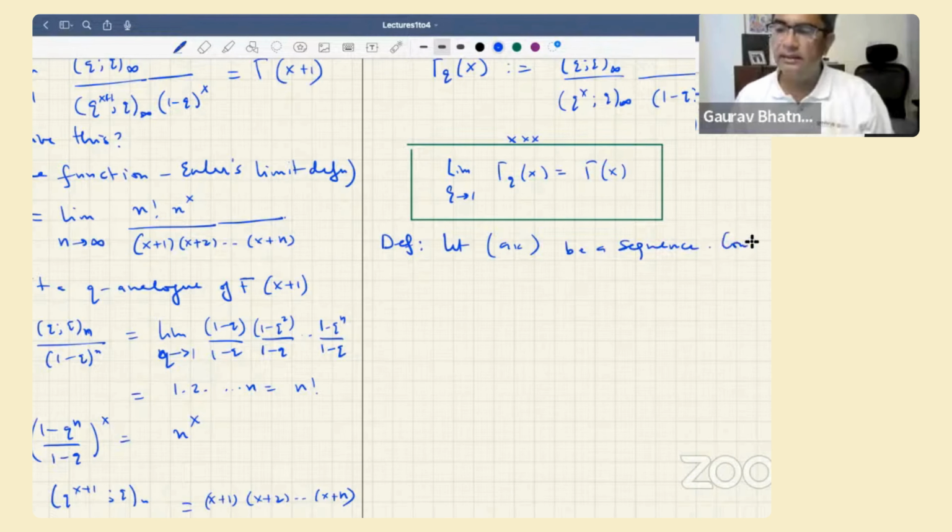Consider P_n equal to the product of 1 plus a_k, k going from 1 to n.